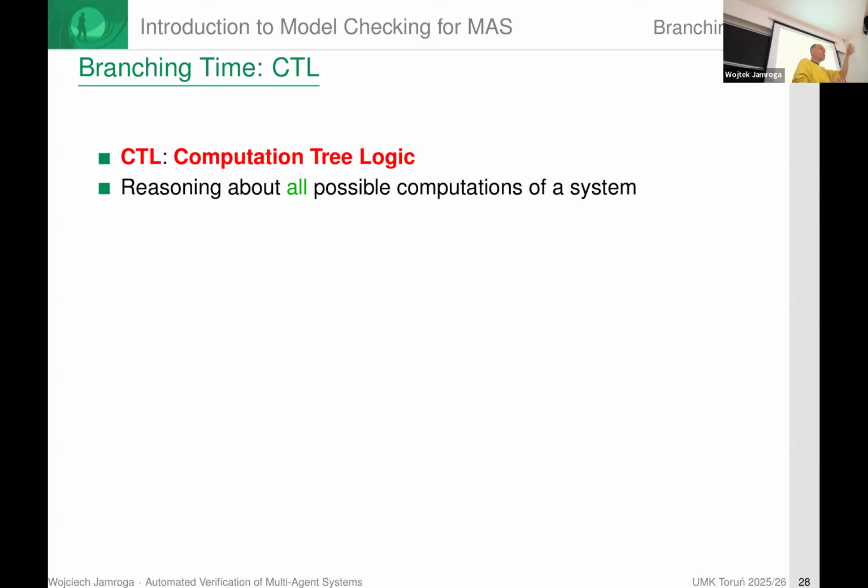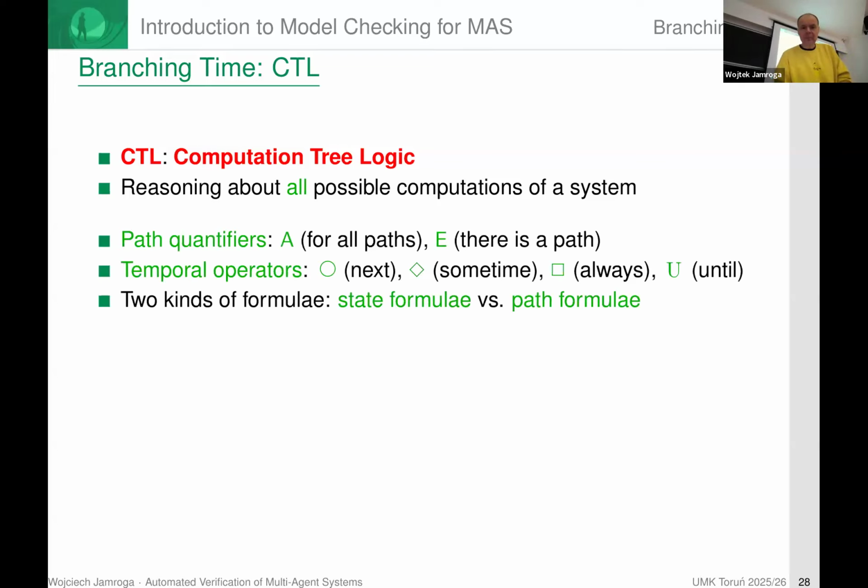It is the root of the tree. And then we unfold all the possible courses of action into the branches. If we only talk about infinite or maximal paths, then most of the branches will be infinite. Some of them might end with a deadlock.